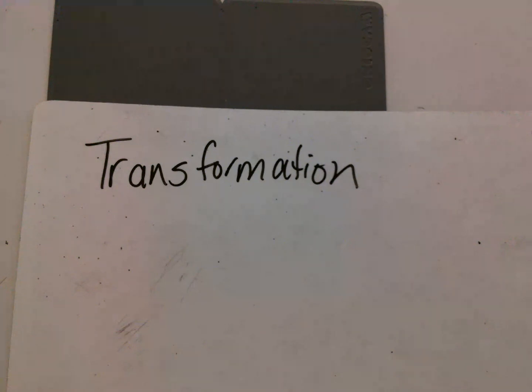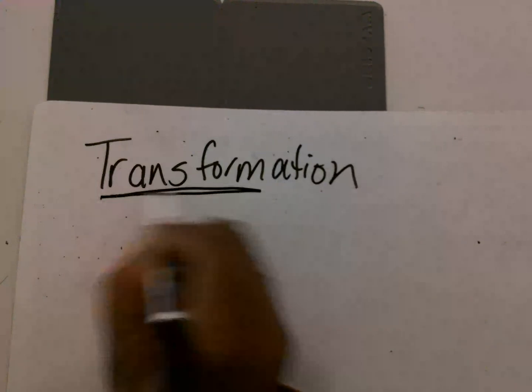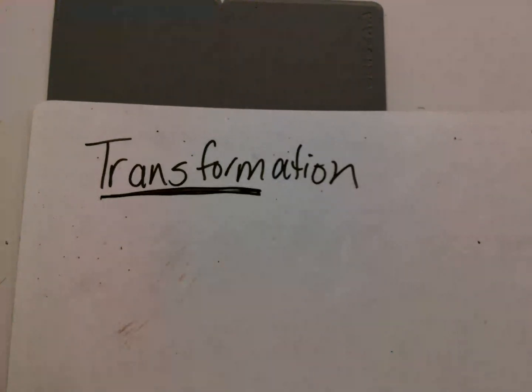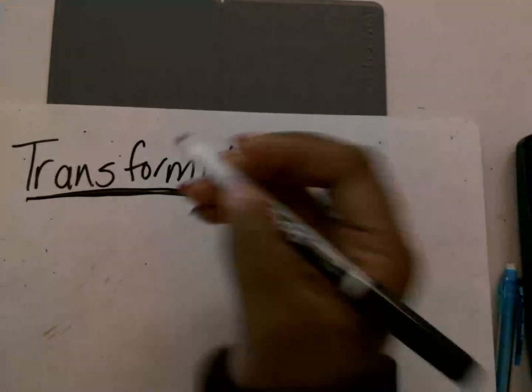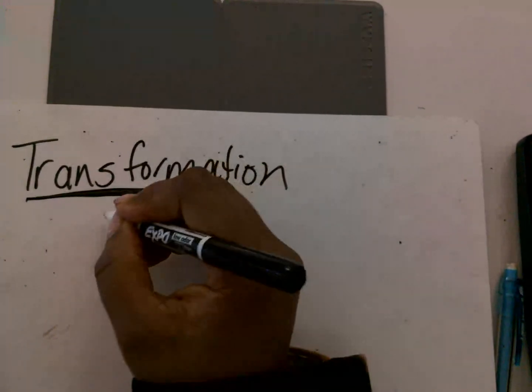Transformations, how objects move, like transformers, they change from a car or truck to some type of robot. Transformation, the smallest word in there is transform. That means something is changing. So these are how objects change on a coordinate plane.